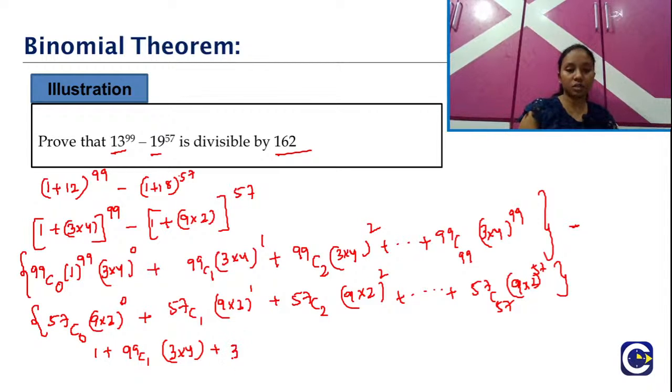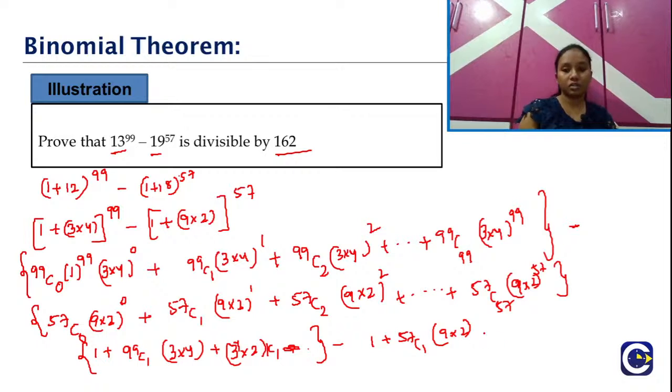So when we write it here, it will be 3 power 4 into 2 k1. I'm leaving the remaining terms and taking them to be constants. In the same way here, 1 plus 57C1 9 into 2, and then 3 into 3 power 4 into 2 k2. Why I'm writing this is that this entire term here is nothing but a multiple of 162.